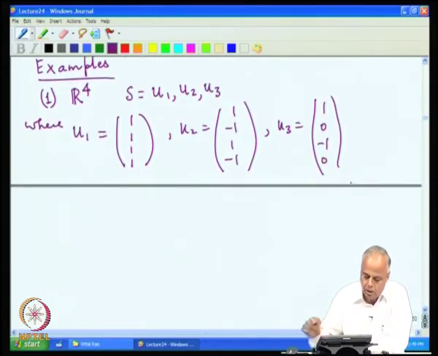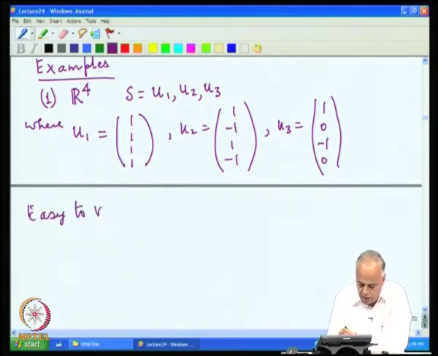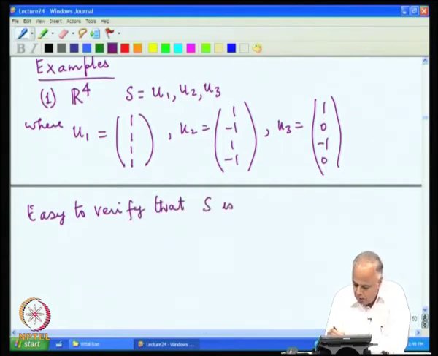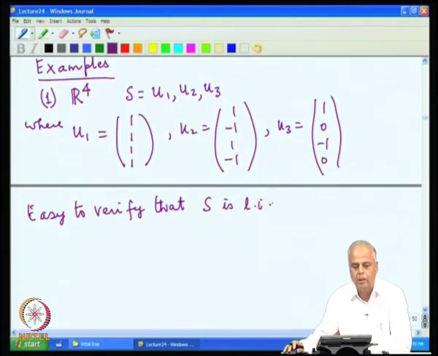It is easy to verify, we will leave it as an exercise, that S is linearly independent.